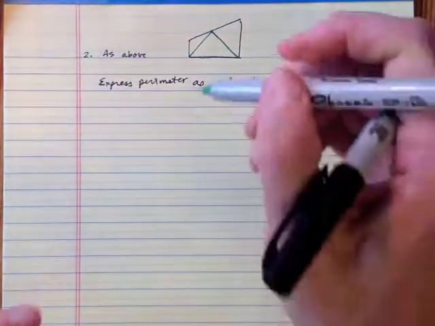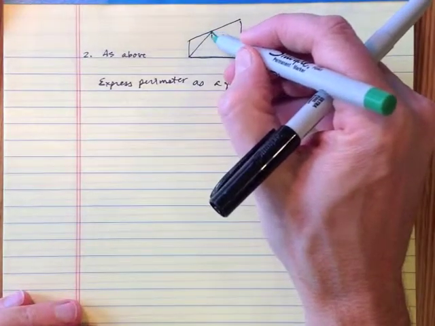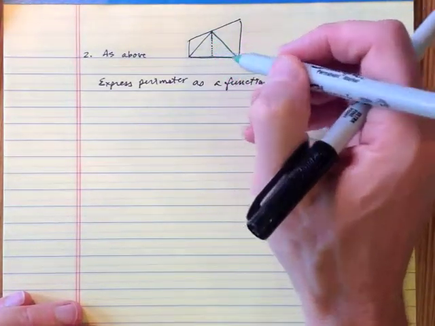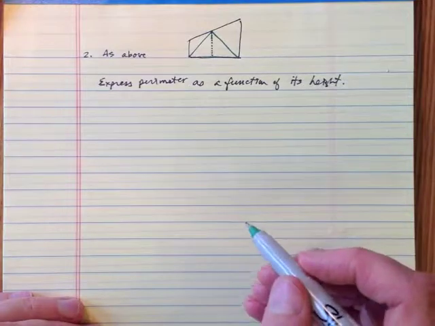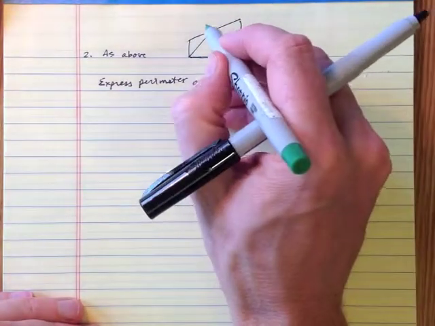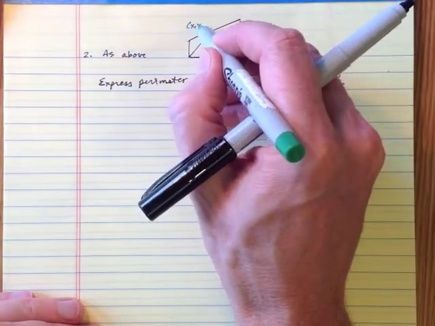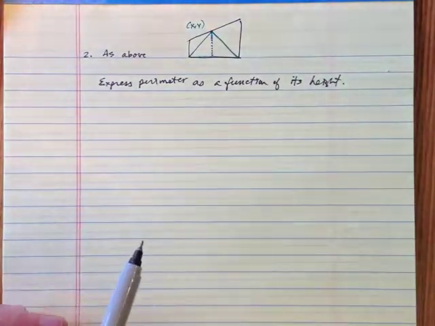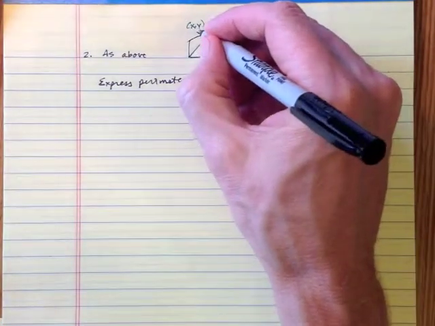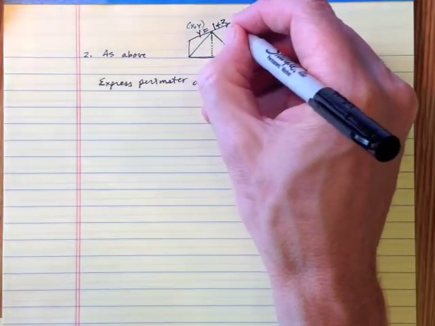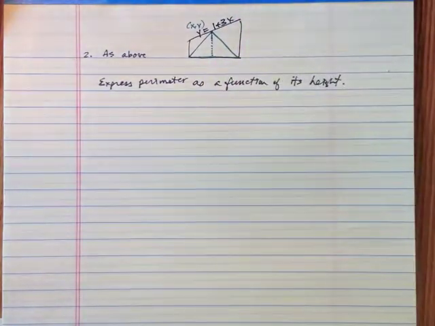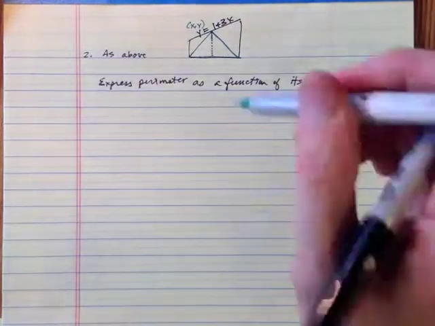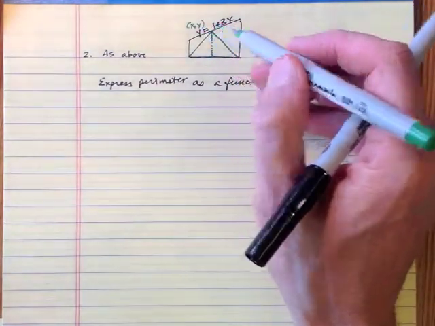So the height, remember, is the distance from the top of the triangle down to the base. And this was the point (x, y) along this line. This line was y equals 1 plus 3x. So the height is that distance, it's that y coordinate.